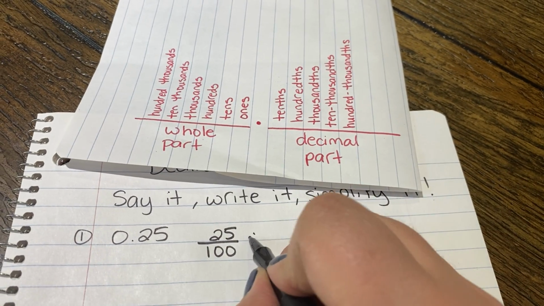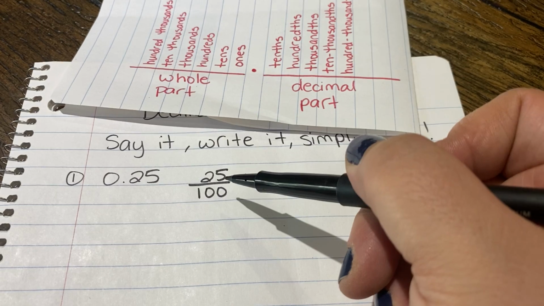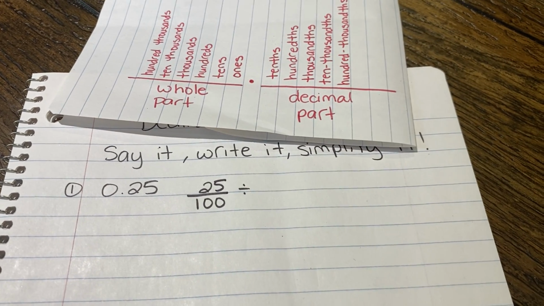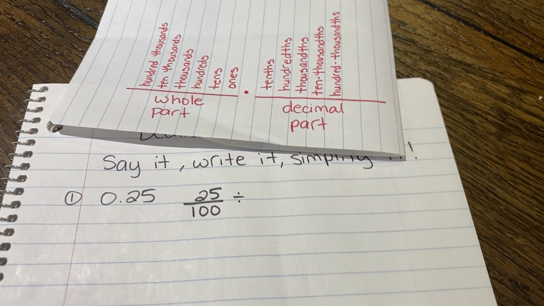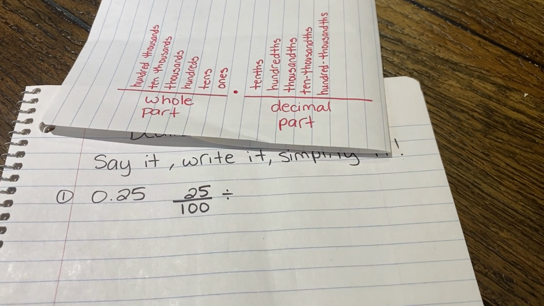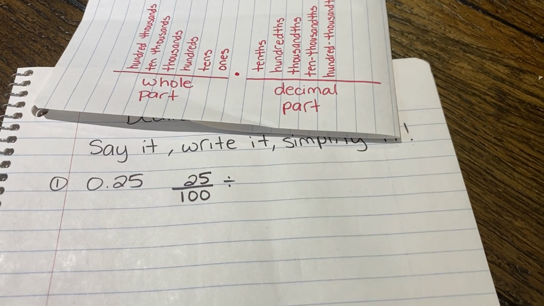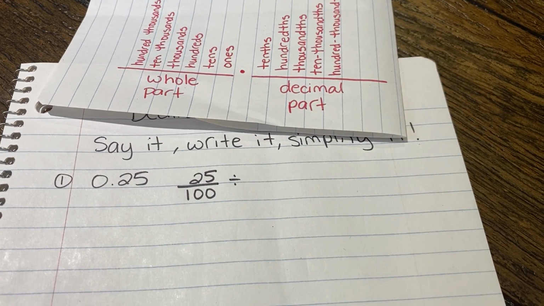When we simplify, we're dividing. You could start off really simple by seeing that both numbers end in a 5 and a 0, so you can automatically reduce it by 5. The only problem with that is that it's not the greatest common factor, so you're going to have to divide again. If you can find that greatest common factor, which in this case is 25, you'll only have to simplify just once.